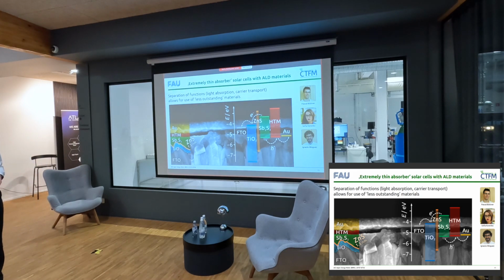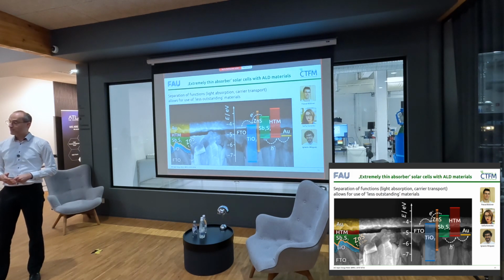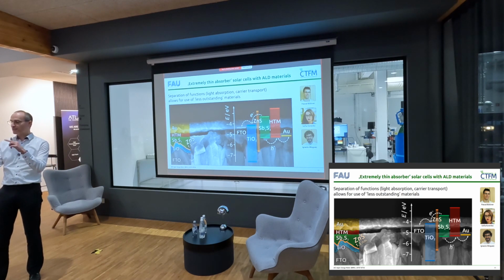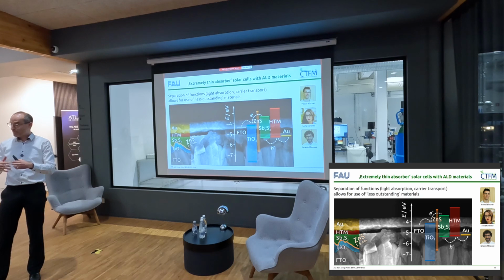So we worked with the type of cells which I think are well suited to ALD approaches, or vice versa, namely with the so-called extremely thin absorber cells, where, from physics, you would just say it's a p-i-n heterojunction. Instead of having silicon being in charge of everything, absorbing light, conducting electrons, conducting holes, now you separate the three jobs to three different semiconductors.